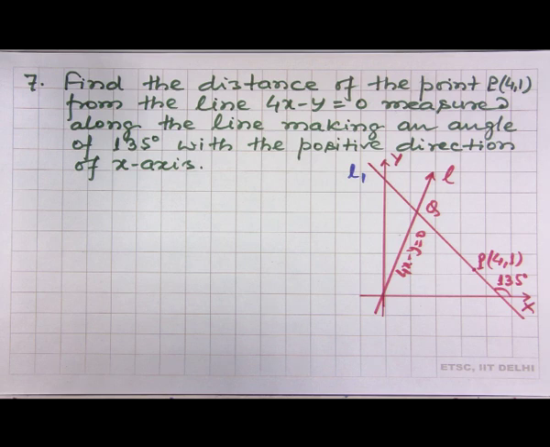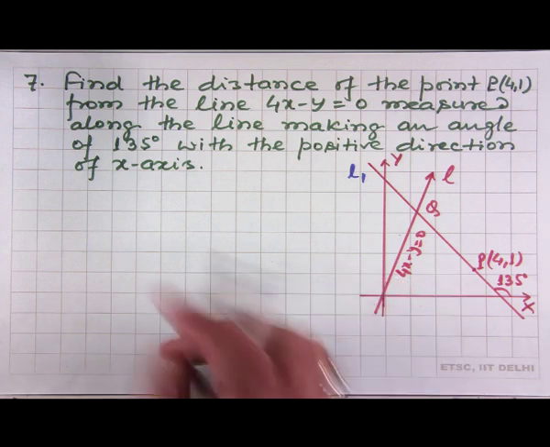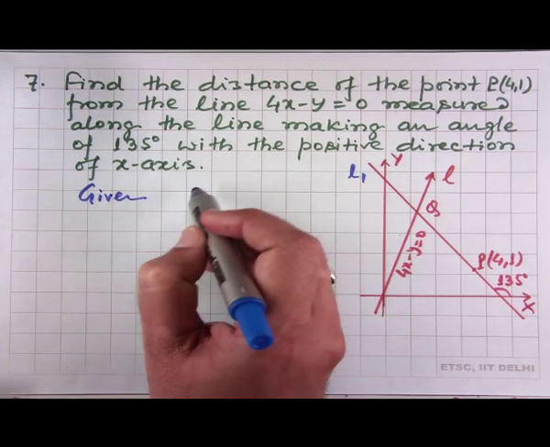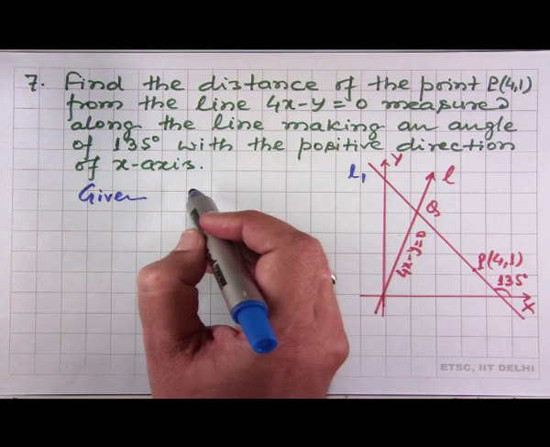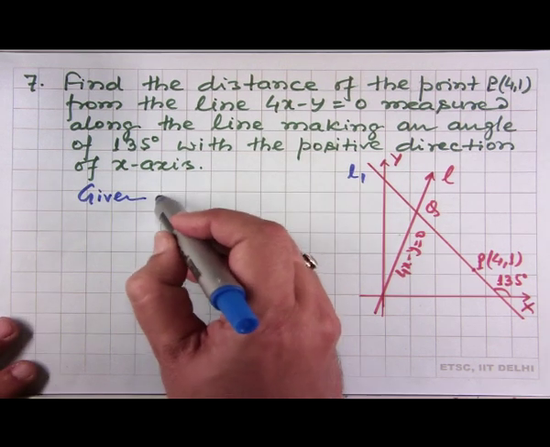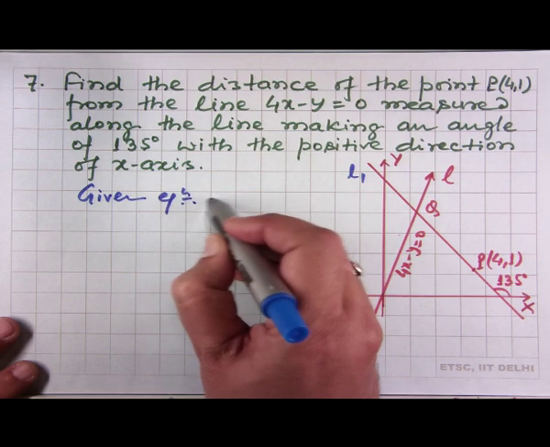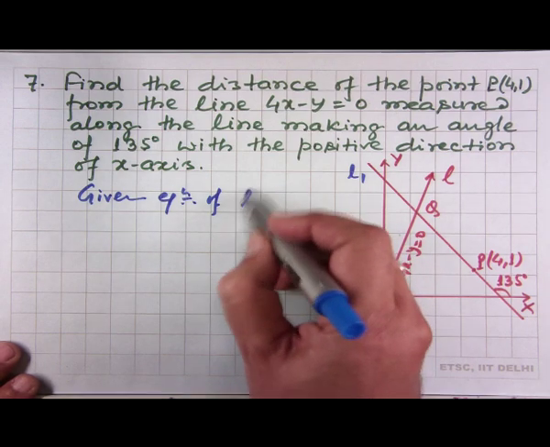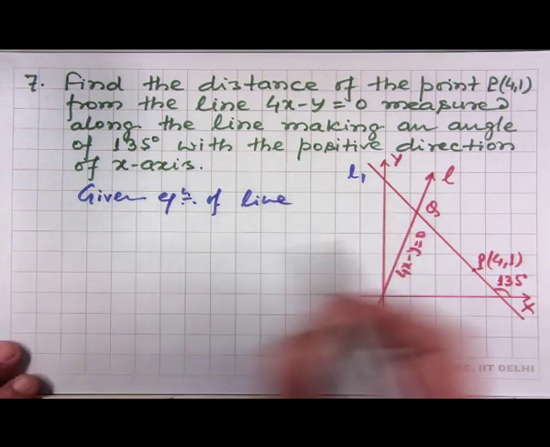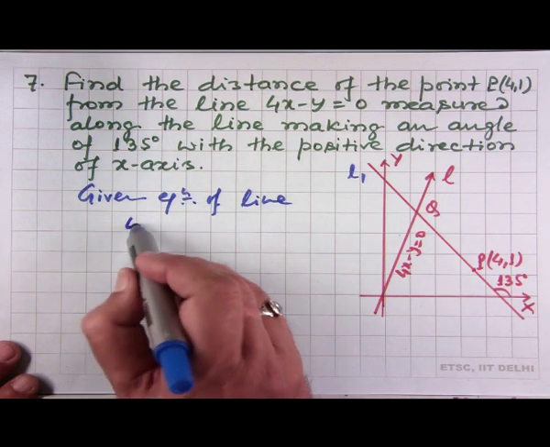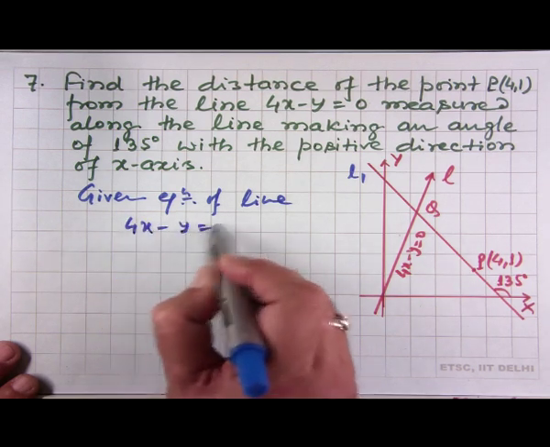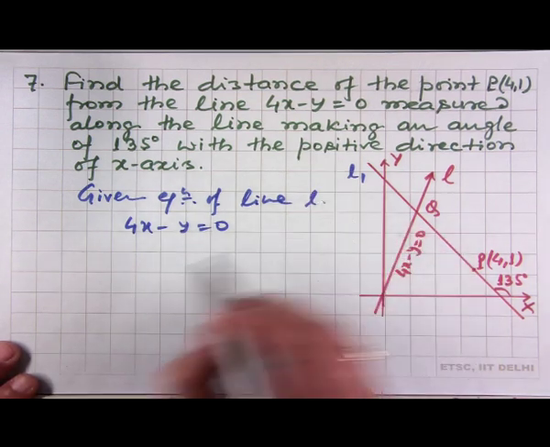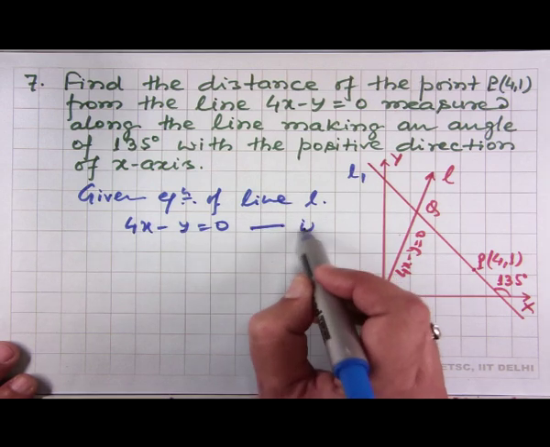Given equation of line 4x minus y equal to 0. This is line L. Say this is equation 1.